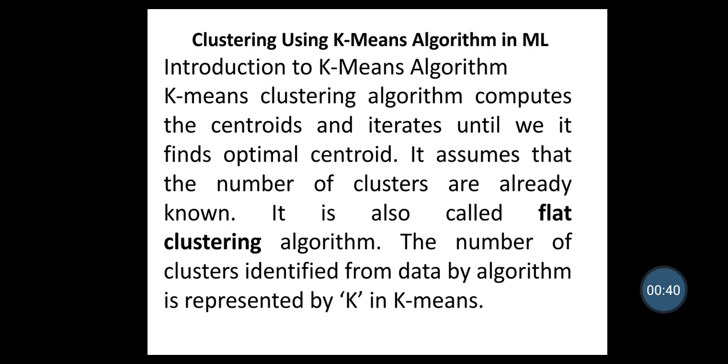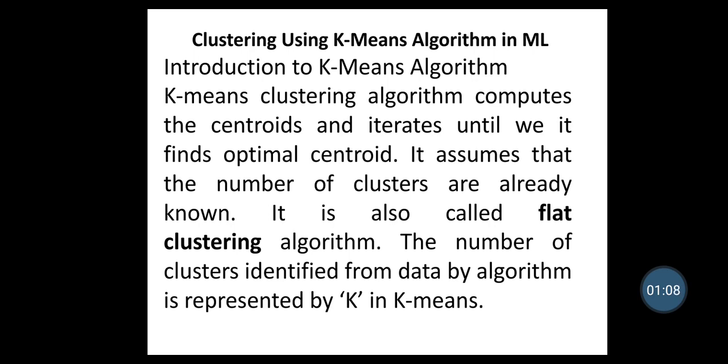So you can understand, the K-means clustering algorithm computes the centroids and iterates until it finds the optimal centroids. The centroids are the components used with a database in our practical implementation.